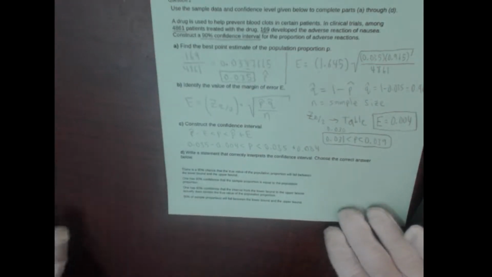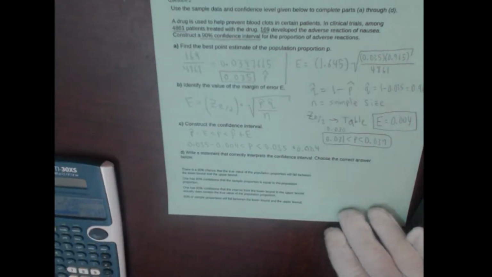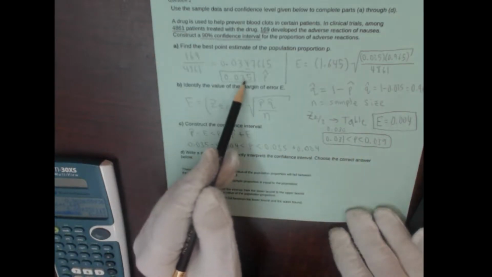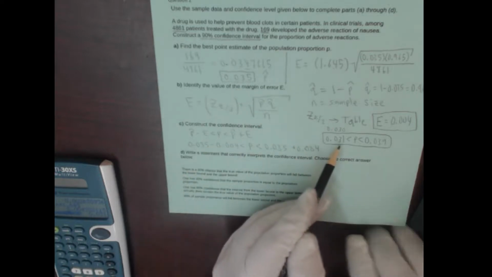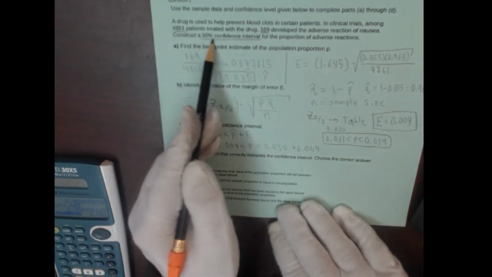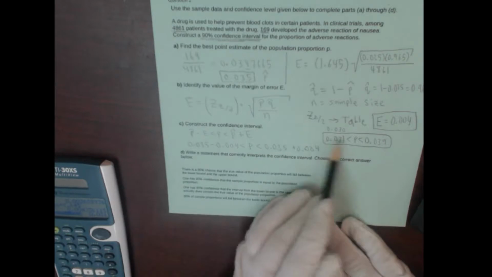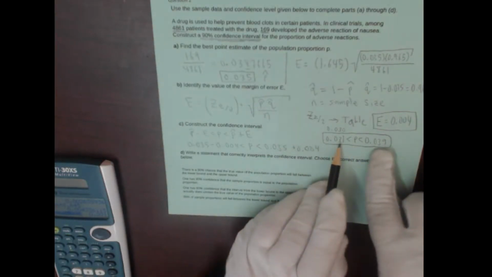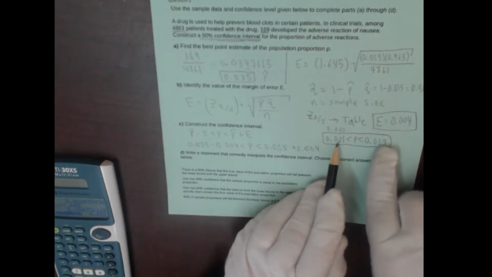Okay, we're almost done. So let's answer this final question. Here's our confidence interval. 3.5% of people appear to have symptoms. However, we have a confidence interval of 0.031 to 0.039. We are 90% confident that this interval trapped the true value. We're not saying that we're 90% sure that we're between these two numbers.